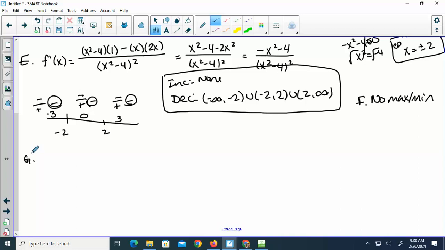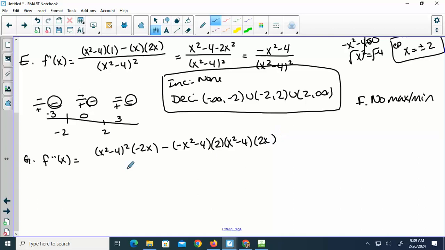Okay, part G, inflection points and concavity. So we need the second derivative. So low, d high, minus high, d low. Don't forget your chain rule, times derivative of the inside, over low squared, so it would now be to the 4th.